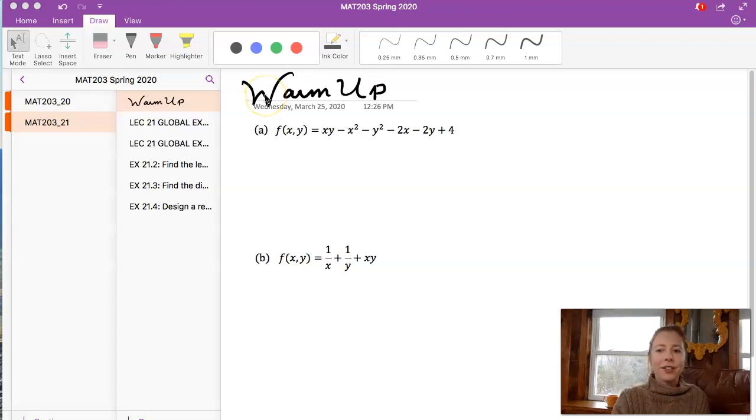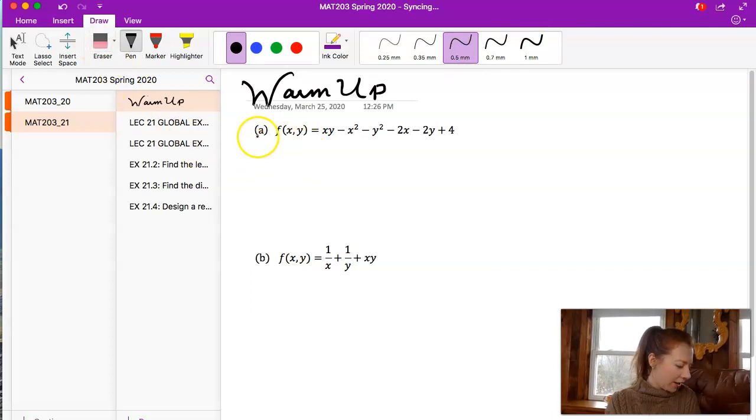All right, so let's go through the solution here. For this first one, in order to find the critical points, we first need to find the first order partial derivatives. So we need to find the gradient.